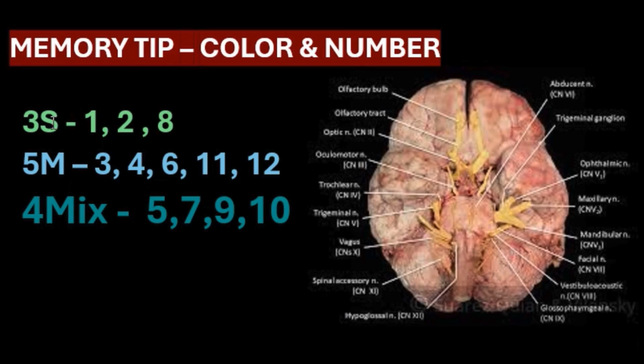For example, there are 3 sensory nerves, 5 motor nerves and 4 mixed nerves. So with the colors in the chart and numbers, you have to remember in this order: 3S, 5M, 4 mix. 3S is nerve 1, 2 and 8. Motor nerves are 5M: nerve 3, 4, 6, 11, 12. 4 mixed nerves are 5, 7, 9, 10.